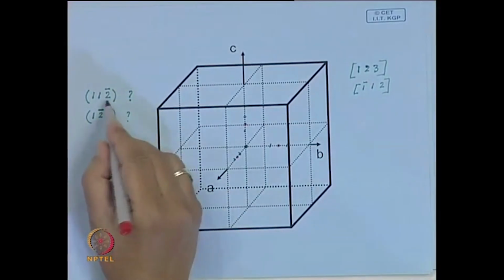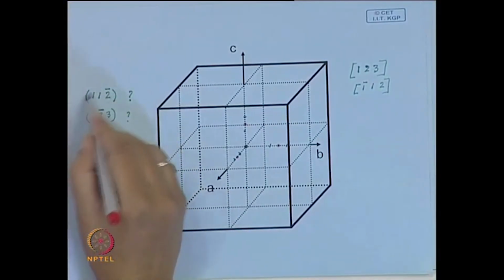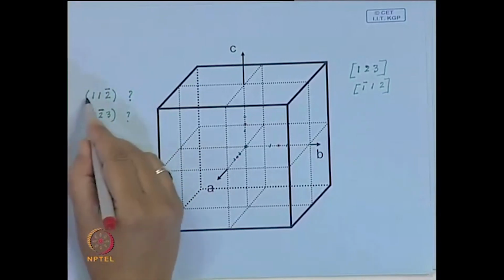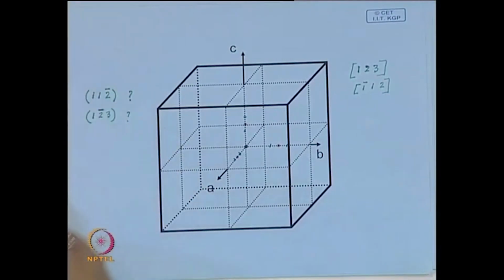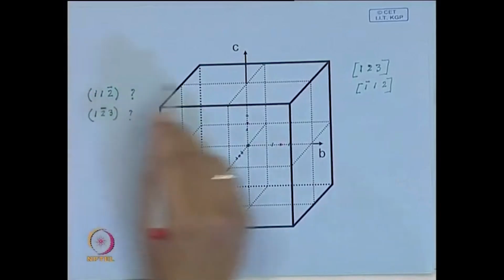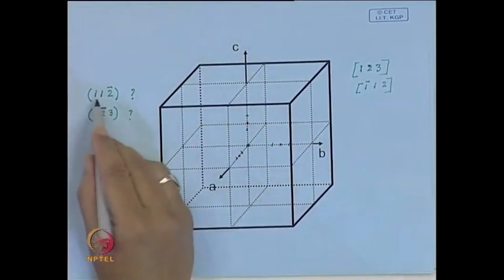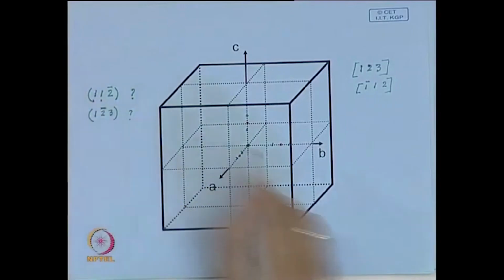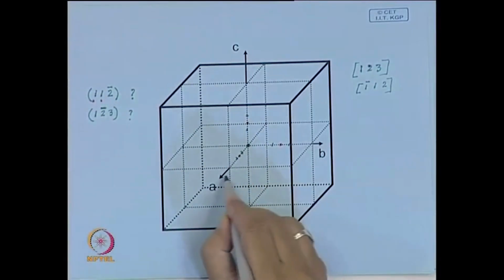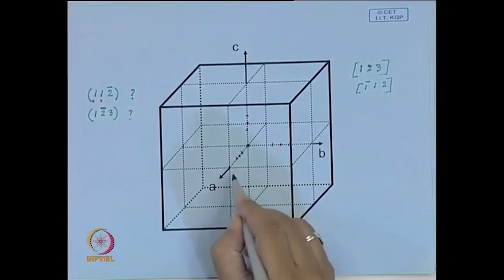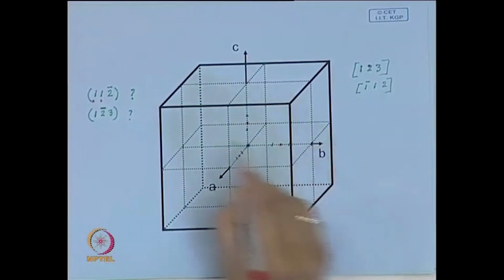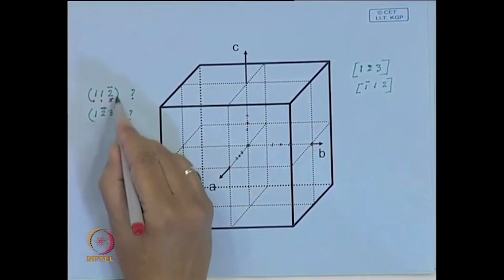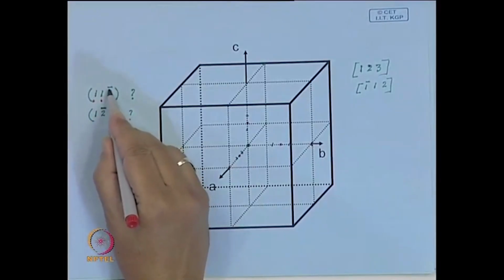How do you represent, suppose the indices of a plane is given, say this is 1, 1, 2 bar. So, how will you represent this here? So, it intersects A axis at 1, B at 1, so let us say it intersects A at 1, B at 1, C, so it is 2 bar.